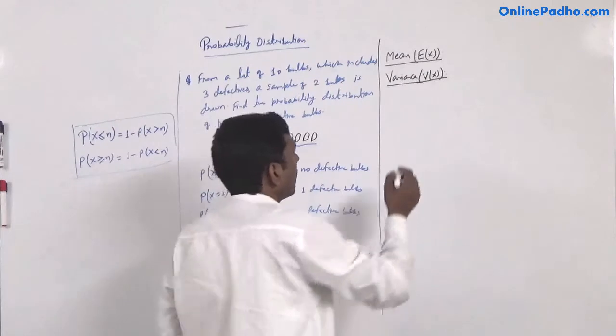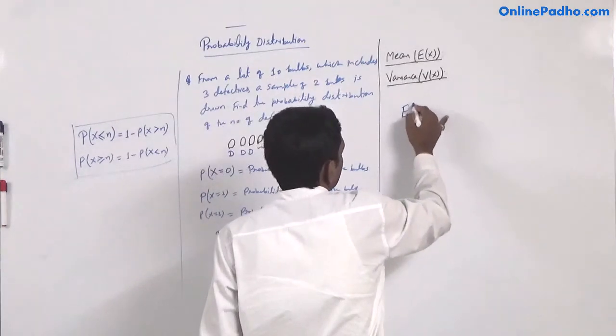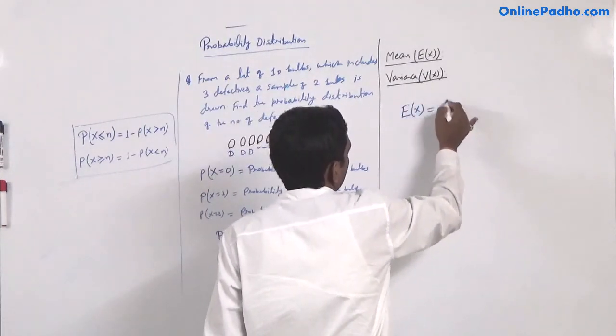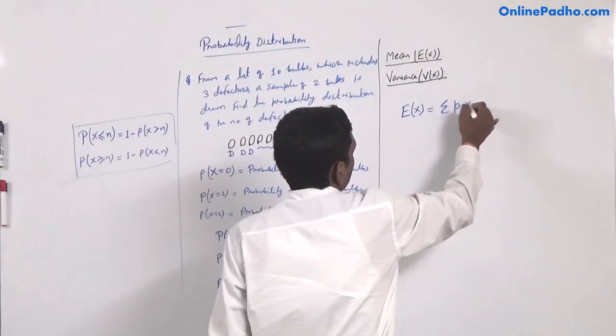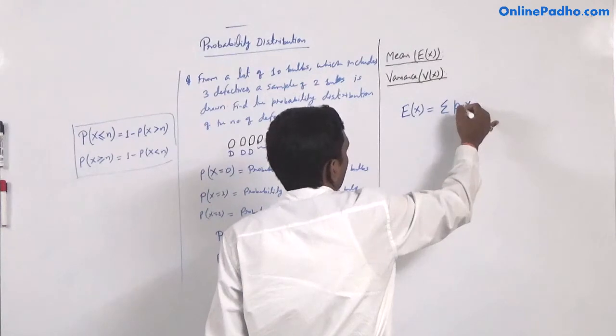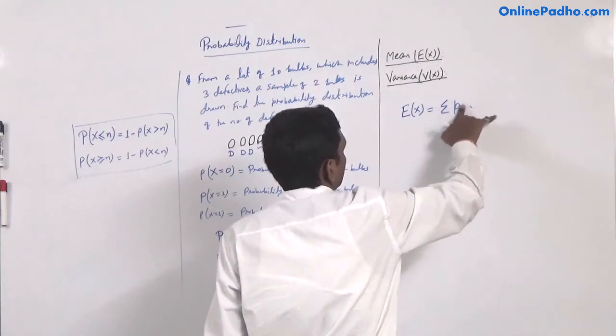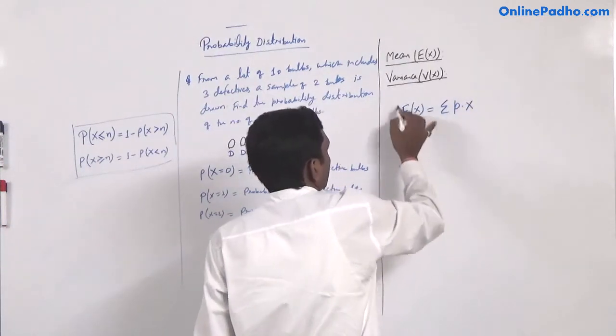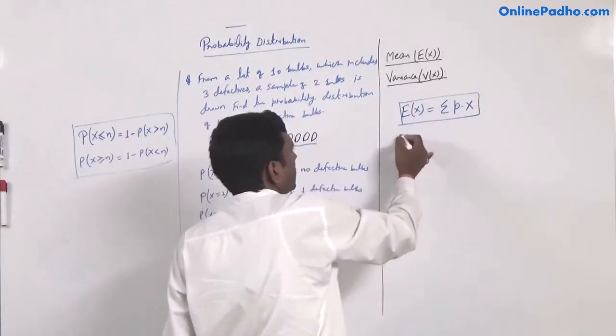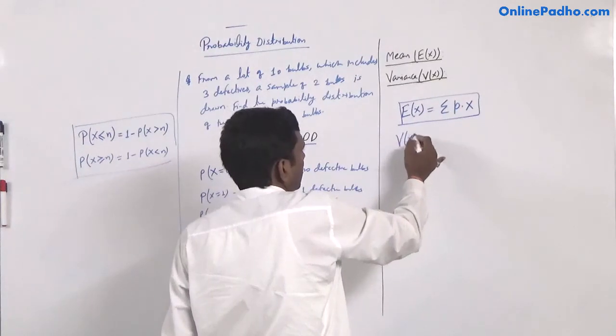So here the formula for expectation, that is the mean, will be summation of P multiplied by X. P is the probability of X, and X is the random variable. This is the formula to find expectation, the mean. And what do we mean by variance?